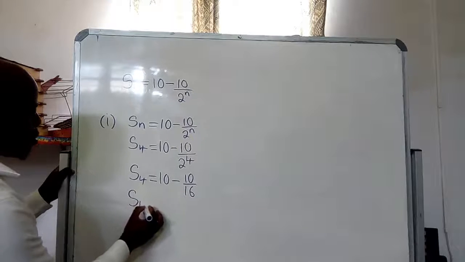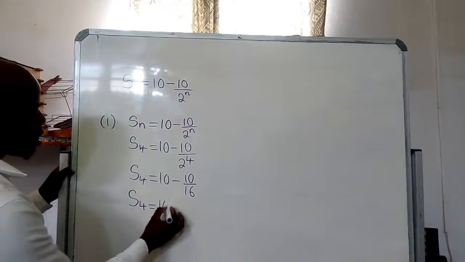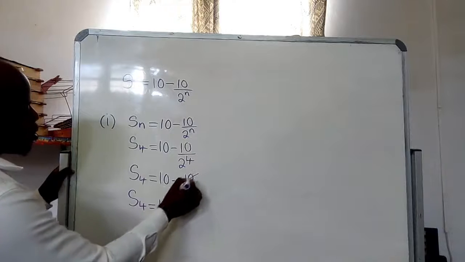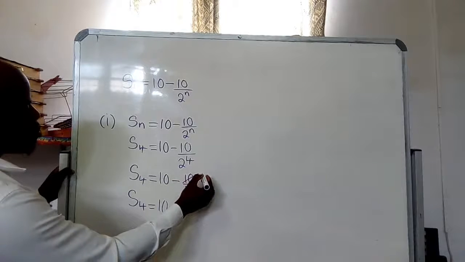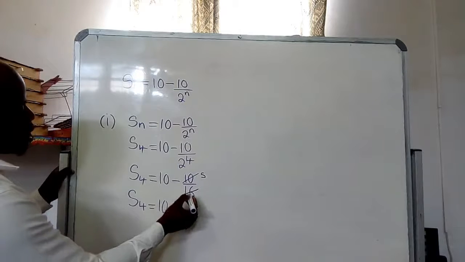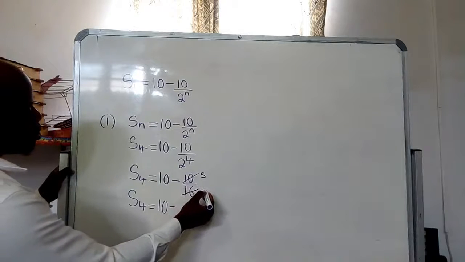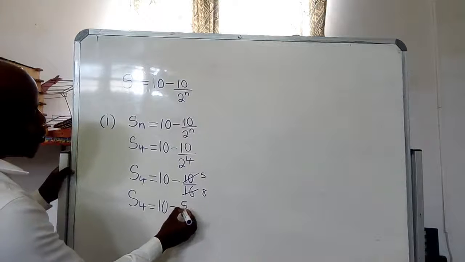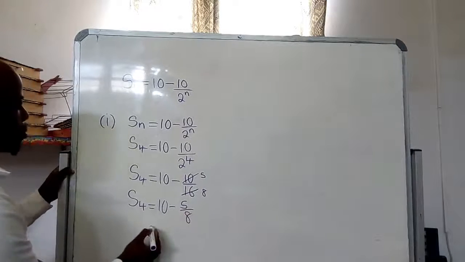So the sum of 4 terms is equal to 10 minus 10 over 16. 2 can go into 10 five times, and 2 into 16 is 8, so it will be 5 over 8.